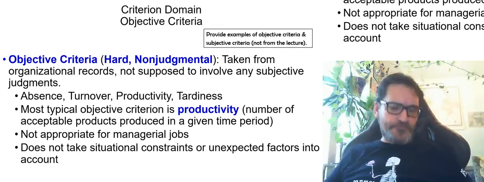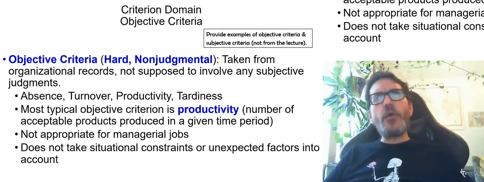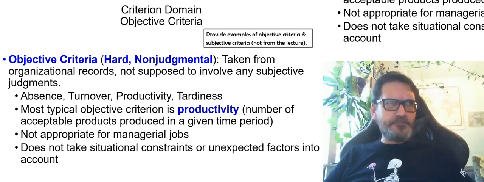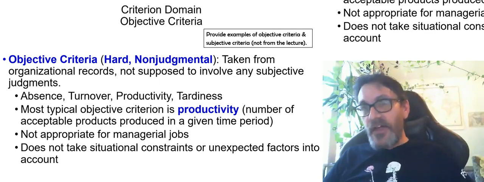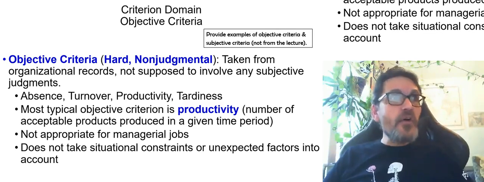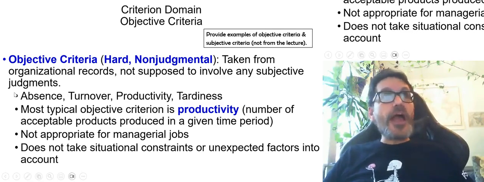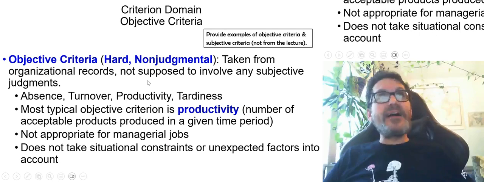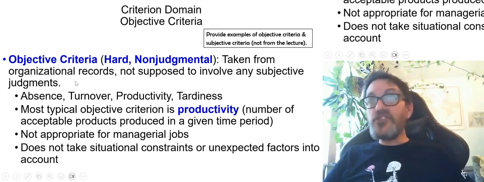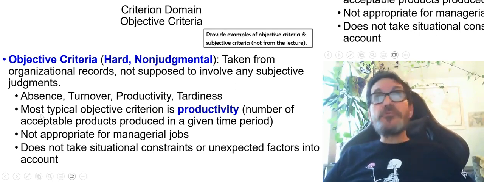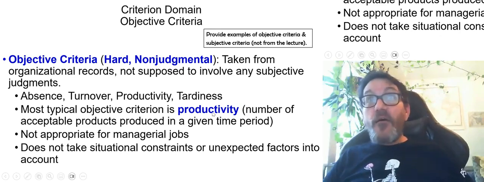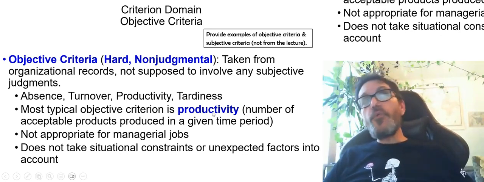And so these different criteria that go into the criterion domain can be objective. They're hard, non-judgmental. You just take it from the records. It's not supposed to involve any subjective judgments. The most typical is productivity, right?